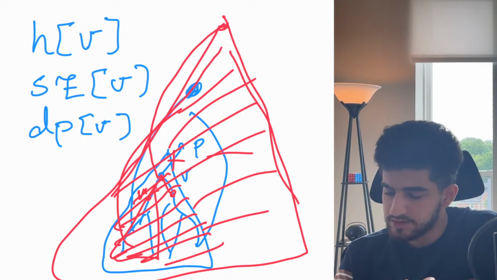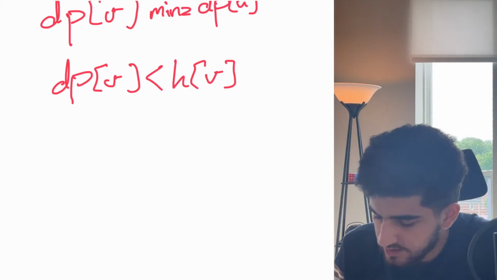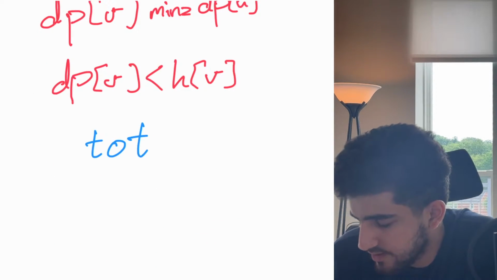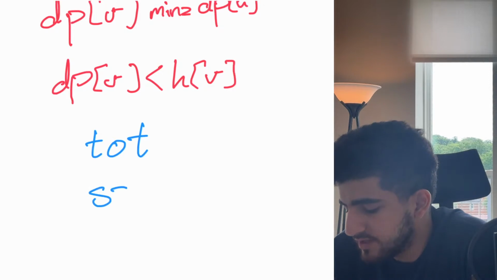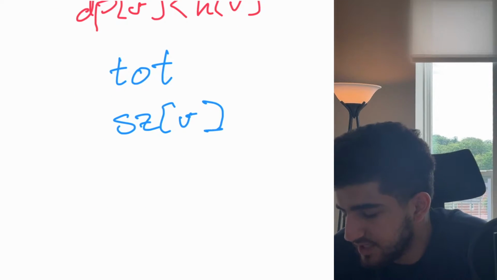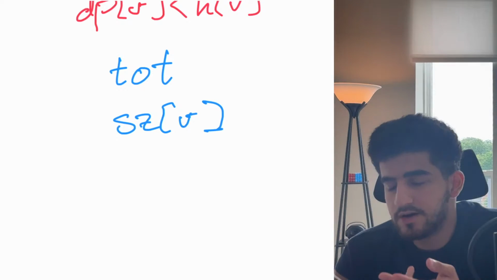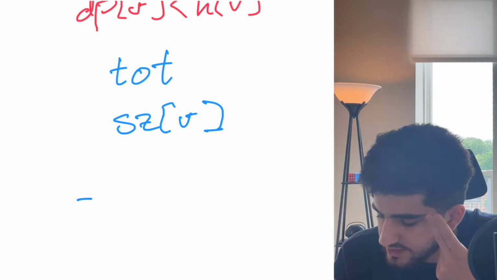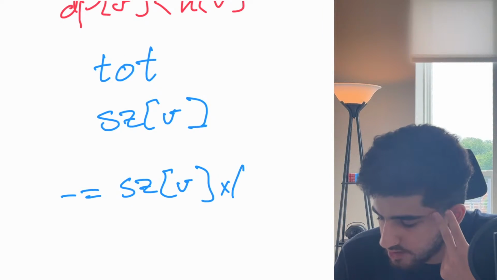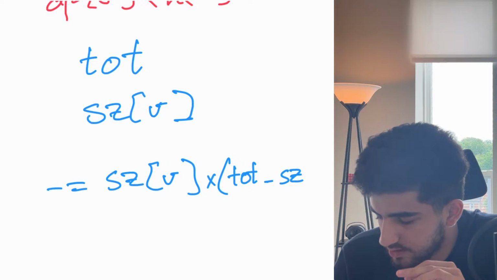For example, if the total number of vertices is TOT, and the size of the subtree of V is size of V, then by removing that bridge, the number of pairs of vertices will be decreased by size of V times (total minus size of V), and that's going to be all.